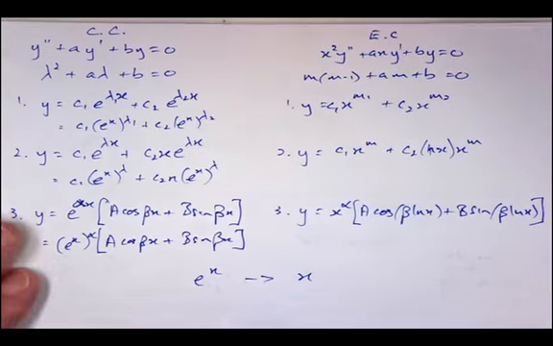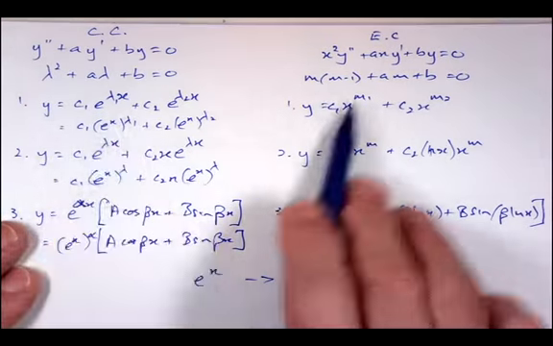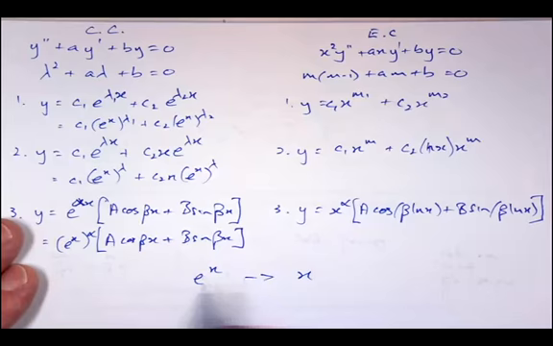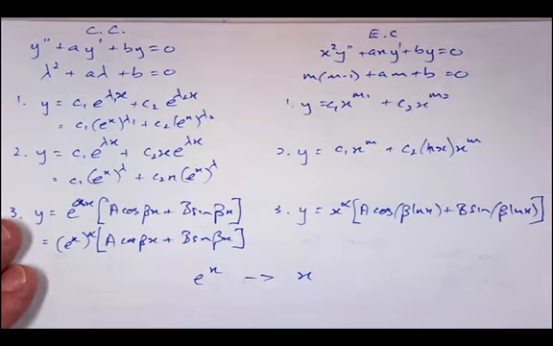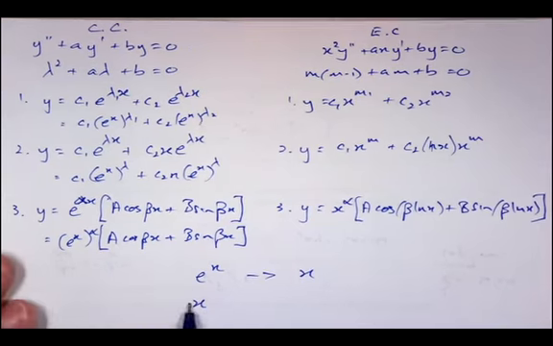So if I just change that to x, I'd get x to a power, and there I have x to a power. Now, if e to the x went to x, how do I get from e to the x to x? I take logs, don't I? If I take log of e to the x, that just brings me to x. So e to the x going to x is the same as x going to log x.